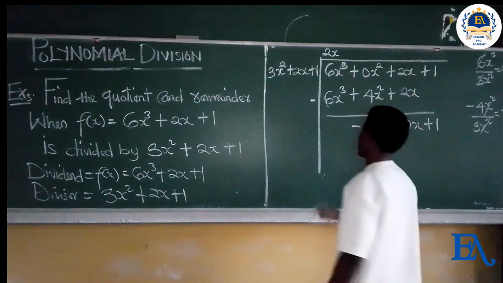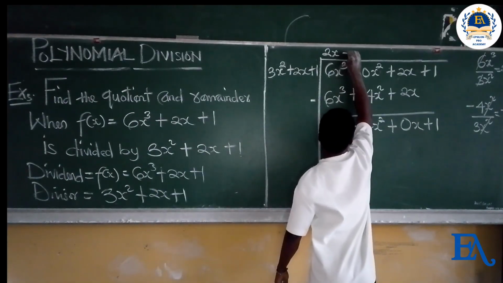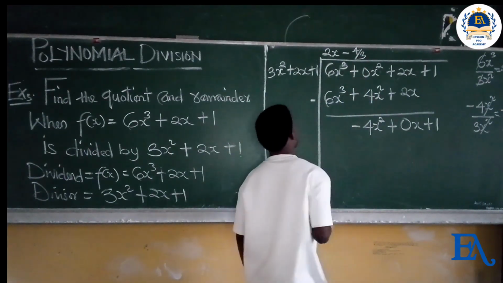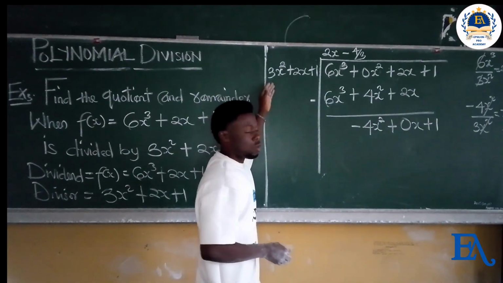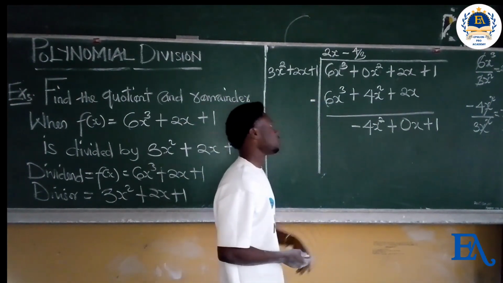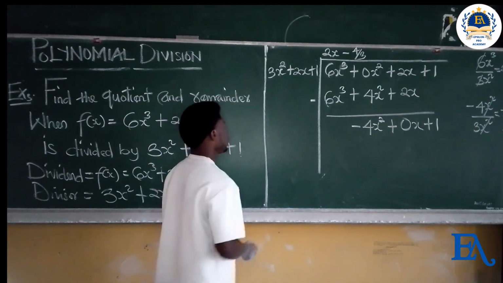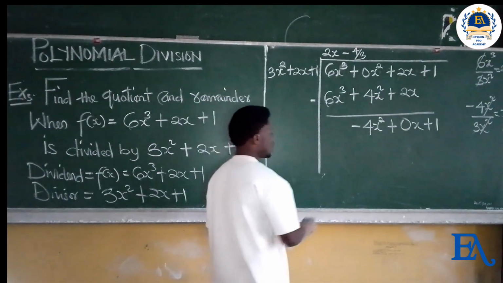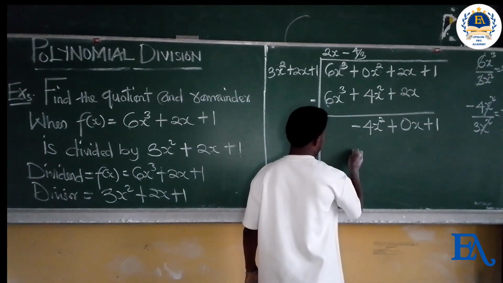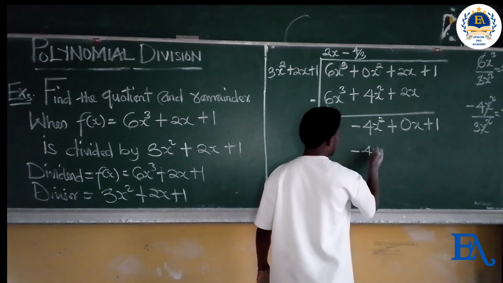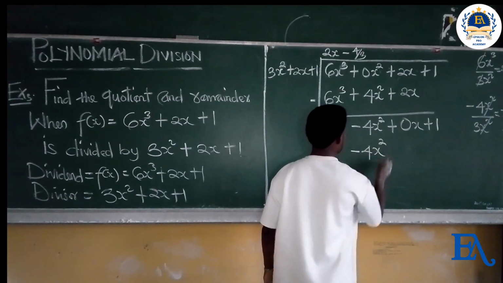So we have here minus 4 over 3. Step number 2, multiply all these terms by minus 4 over 3. So 3x squared times minus 4 over 3 gives minus 4x raised to the power of 2.